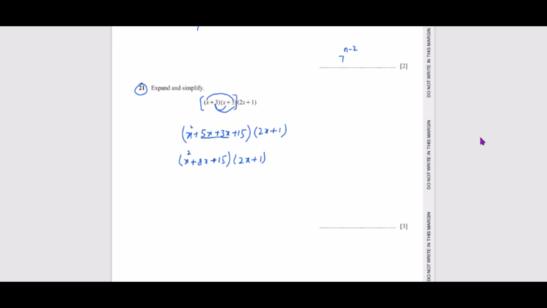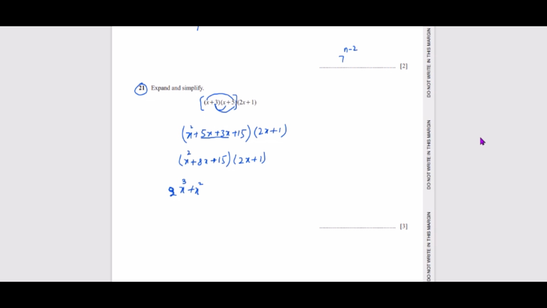So x square multiply with these values, we get 2x cube, and x square multiply with 1, that is equal to x square.